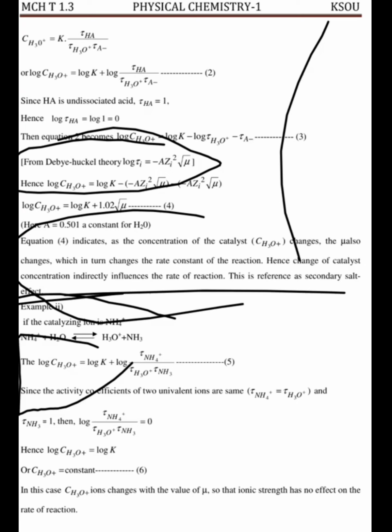Mu is the ionic strength of the solution, and H3O is the positive charge, the aqueous cation. So the value of mu, the ionic strength of the solution, can be calculated.